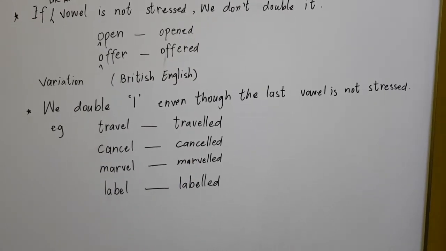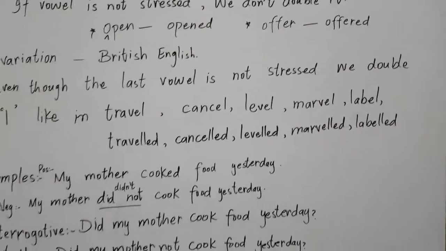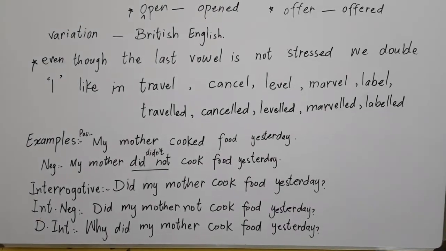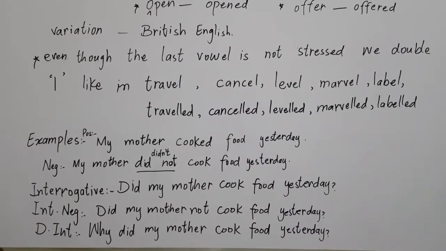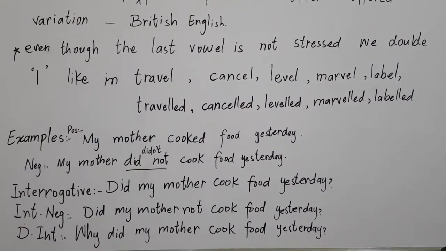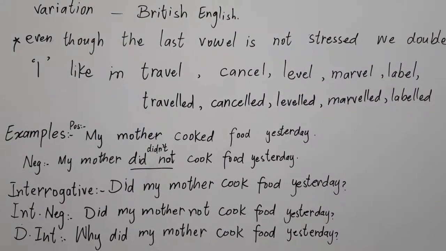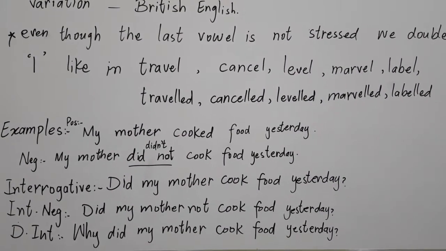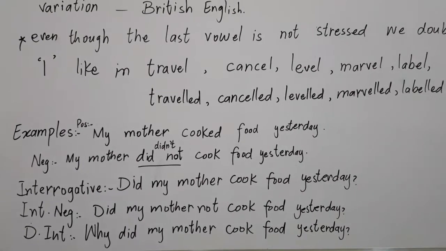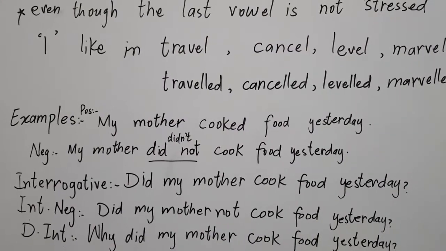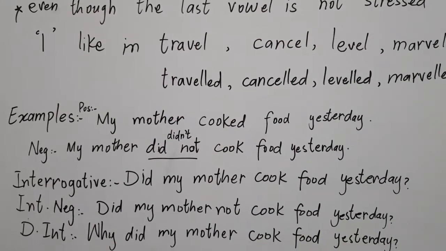Label, labelled. After that, there are some examples in which we will change positive sentences into negative, interrogative, interrogative and double interrogative. Just like there is a sentence, my mother cooked food yesterday. Negative: my mother didn't cook food yesterday.